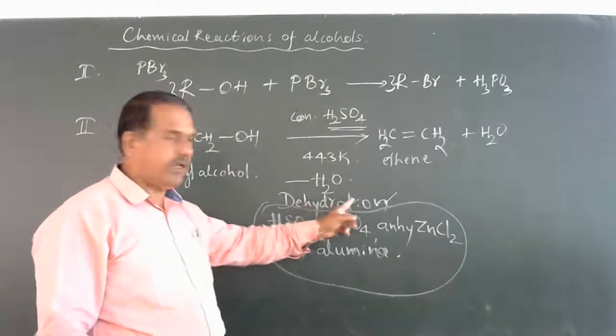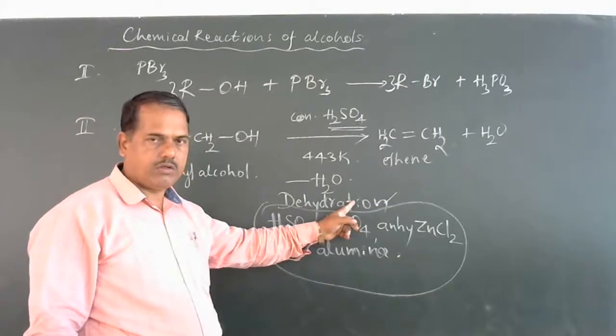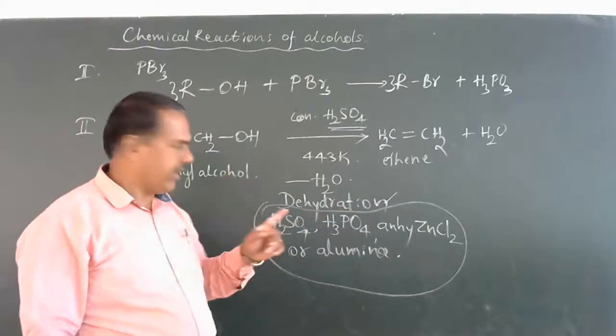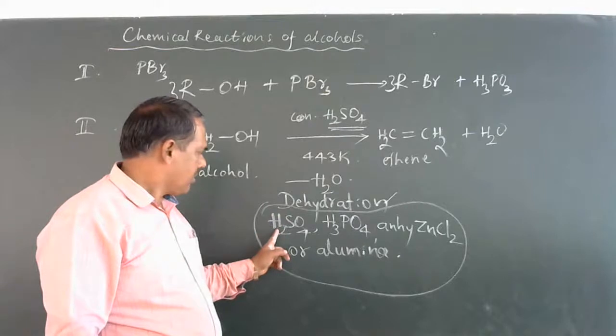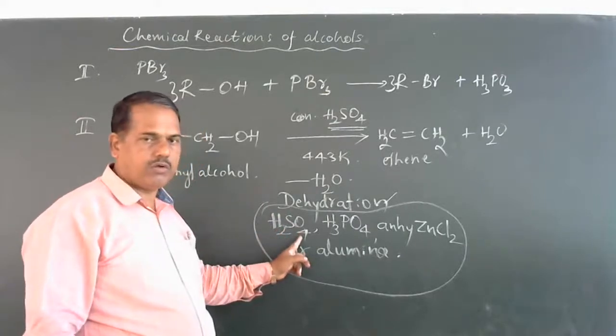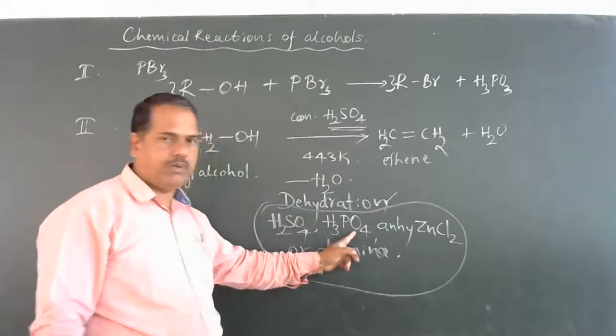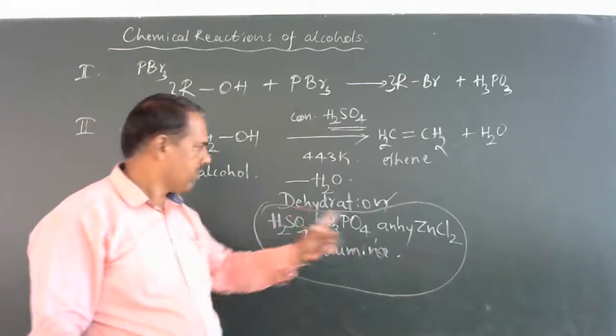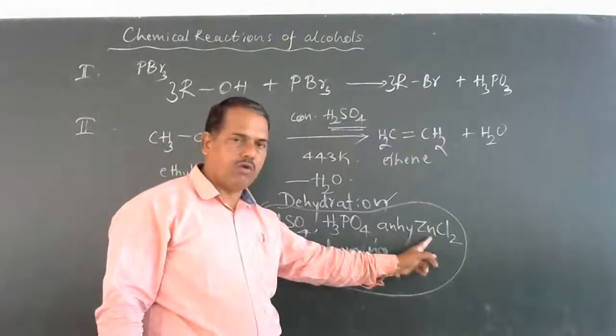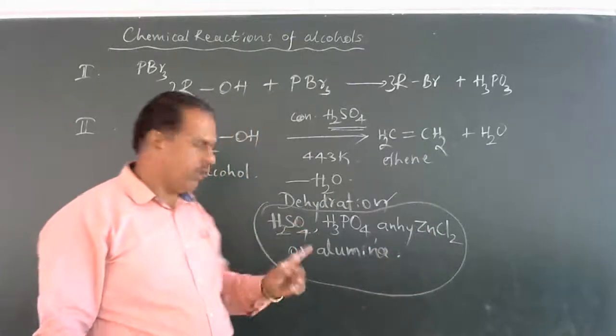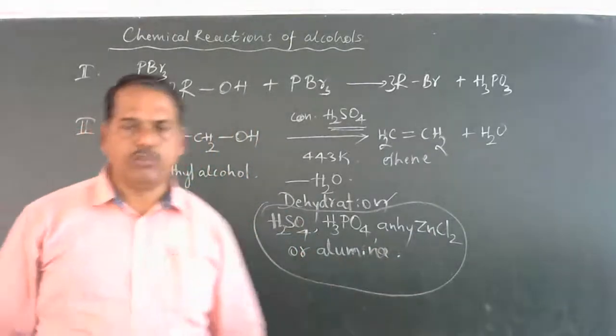What you have to remember in this reaction? See, the dehydrating agent. What are those dehydrating agents? Concentrated H2SO4 or orthophosphoric acid or anhydrous zinc chloride, or even we can use alumina.